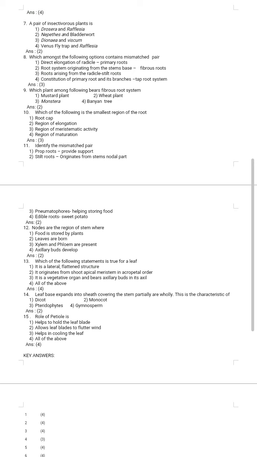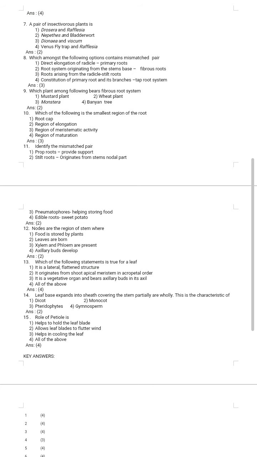Roots which arise from the radicle, those in general, understand, develop into tap roots and fibrous roots. But roots which arise other than from the radicle are called adventitious roots. Example, stilt roots in maize plant and sugarcane plant, which help to get support from the soil.